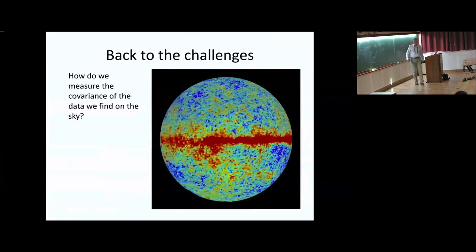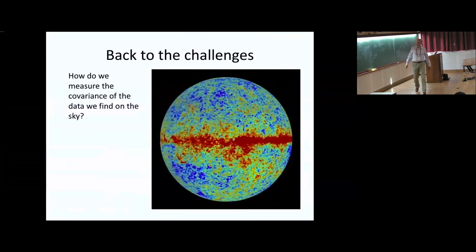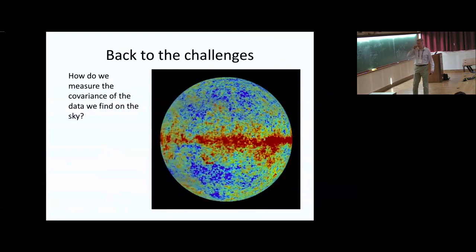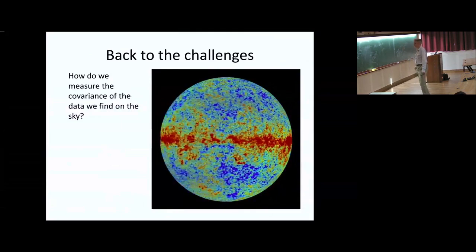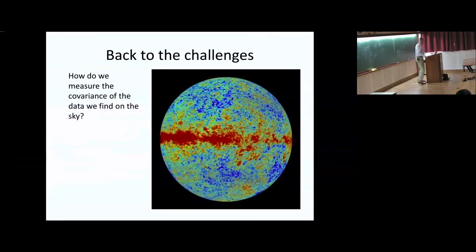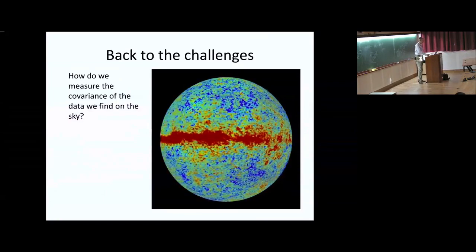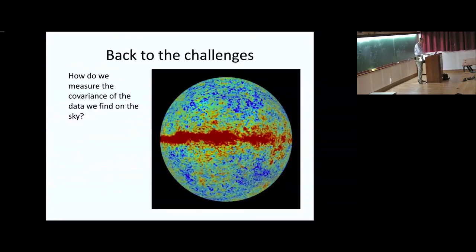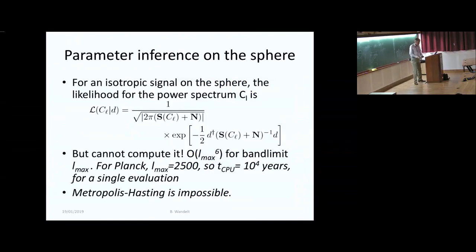Now, in the case of the cosmic microwave background, where we have a map on the sky, it doesn't really matter that it's a sphere, but we want to find the power spectrum of this. So when you want to do parameter inference for a cosmic microwave background map, your likelihood looks like this. You have a prior on your Cls.